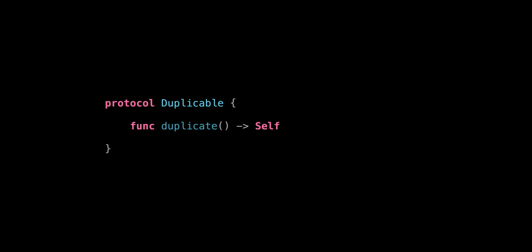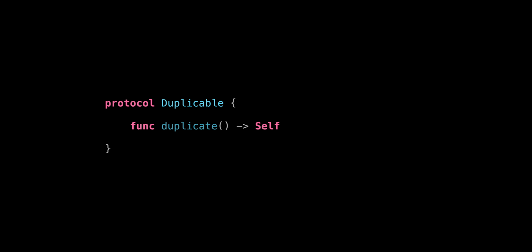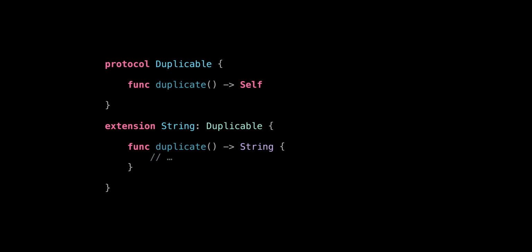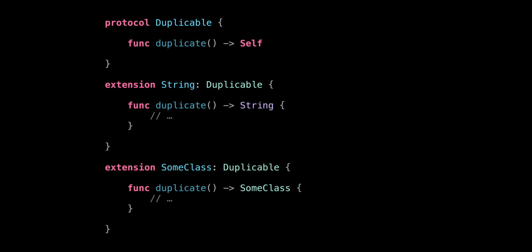The self keyword is more or less equivalent to a normal associated type, except you can't really choose what concrete type it will stand for. That's because self refers specifically to the type of the conforming object. So, for instance, if my duplicable protocol is conformed to by a string, then the duplicate method will return a string. And if some class conforms to that protocol, then calling the method will produce a new instance of the same class.